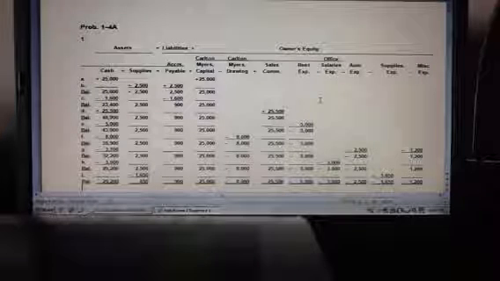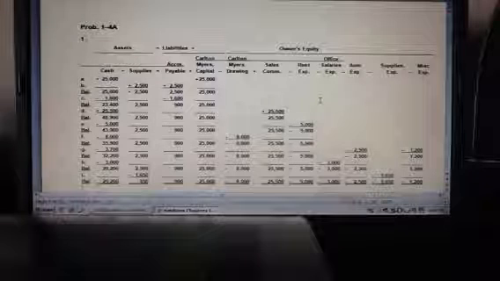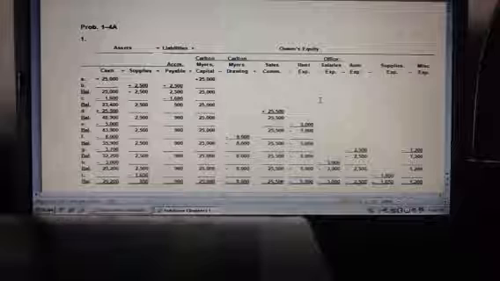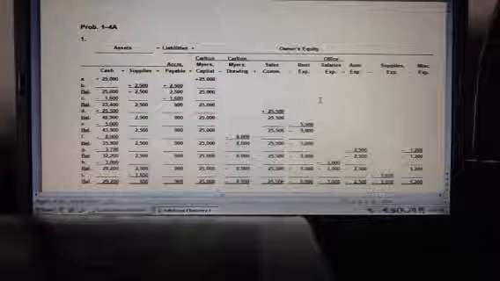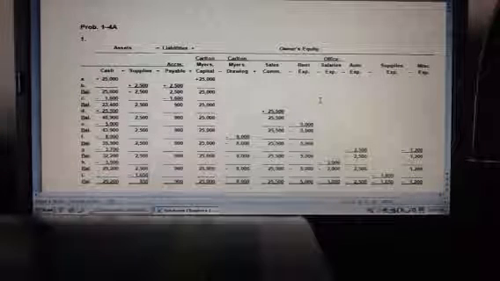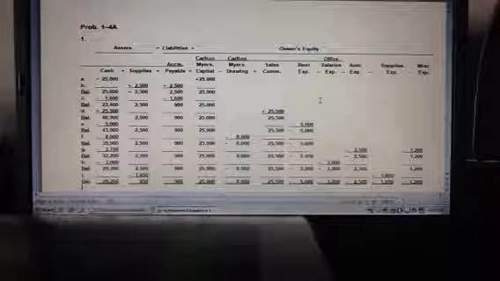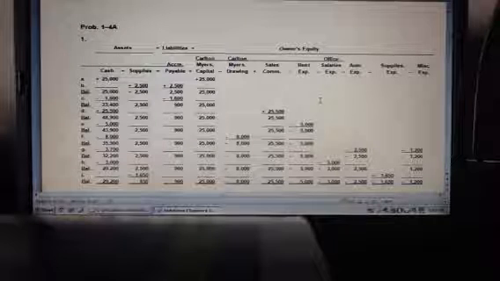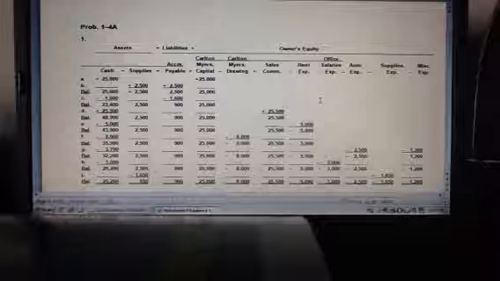And then finally, we determined that the supplies on hand was $850. We originally had $2,500, so the difference, $1,650, we must have used. When you use supplies, they're no longer an asset, so we decreased supplies $1,650, and we actually increased supplies expense, but it's listed as a negative because it decreases owner's equity.